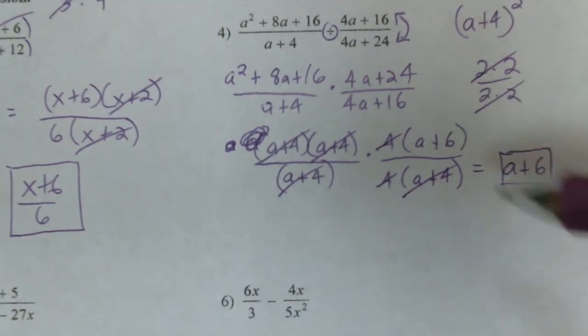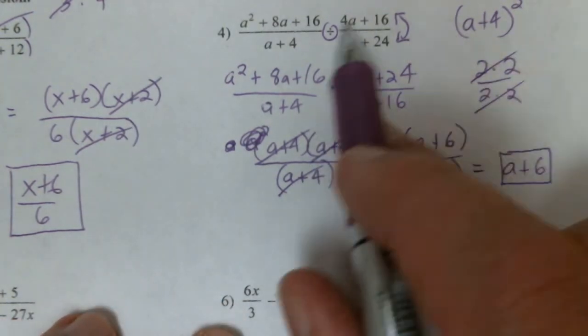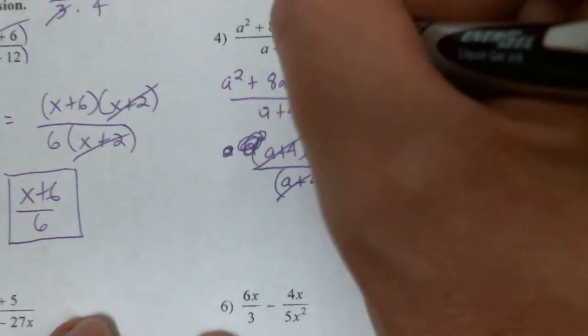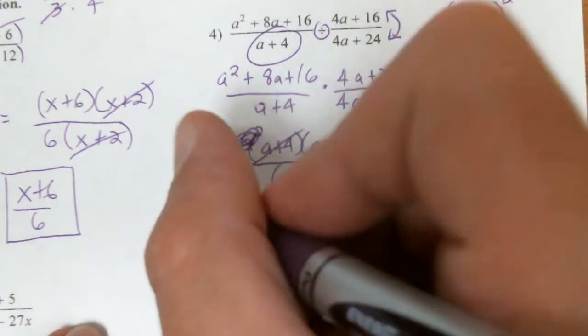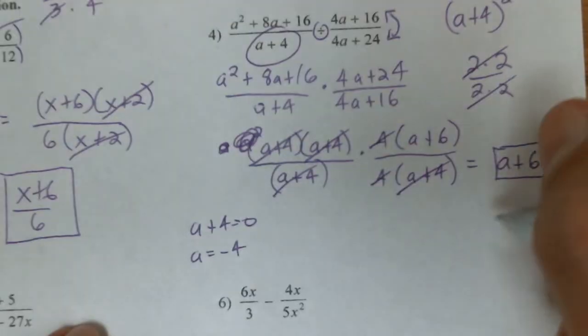Now, it doesn't ask for the EV, but I'm going to ask you for the EV on this one because this is pretty tricky. What are my excluded value or values? Remember, you've got to go to every step in the process. I'm going to go all the way back up to the original problem here. If I have an (a plus 4), if I literally set that equal to 0, then of course one of my excluded values is going to be negative 4.